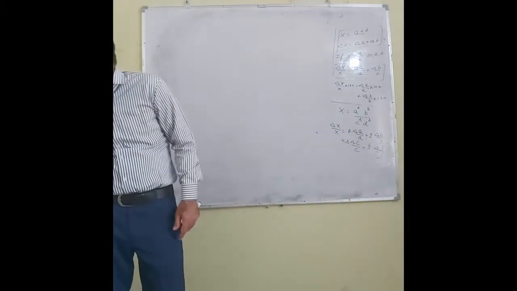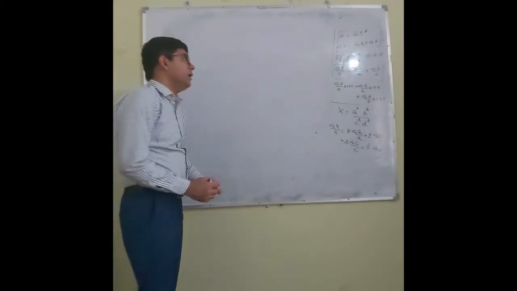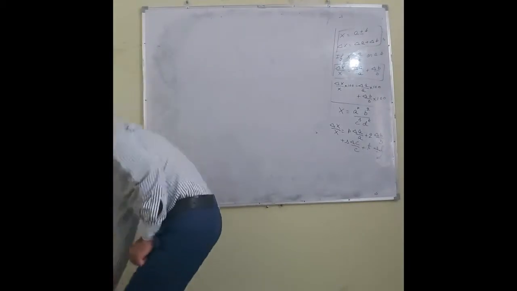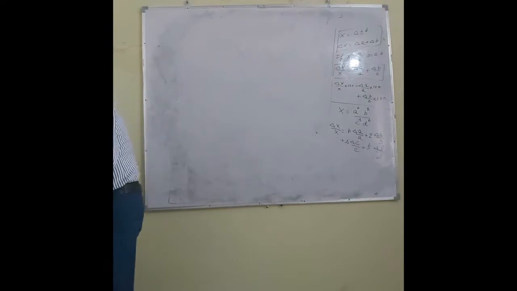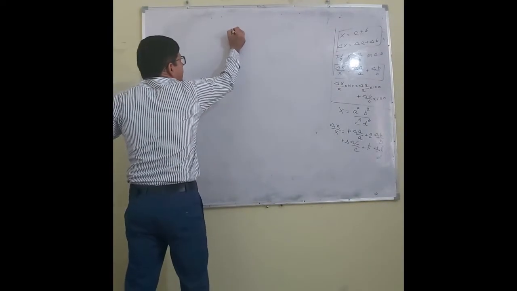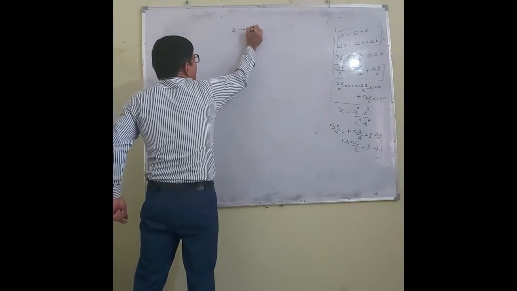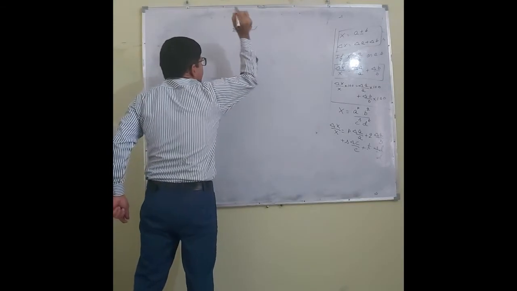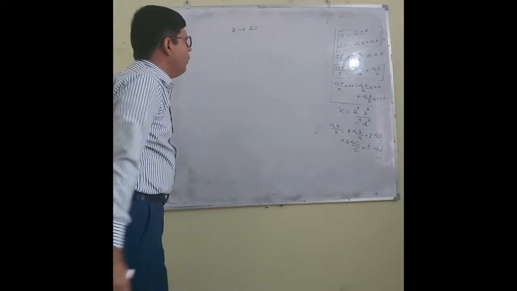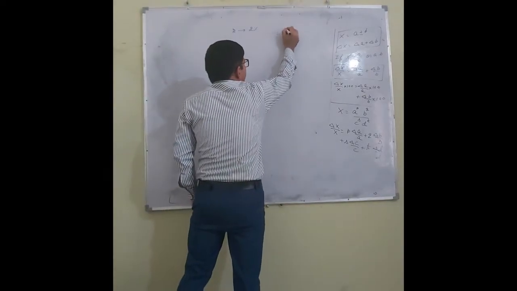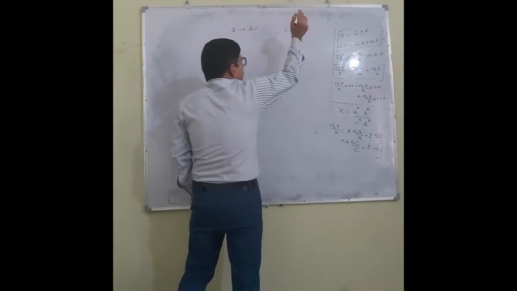What will be the error in the volume? It says that the error in the measurement of radius is 2%, percentage error. What is the percentage error in measurement of volume?